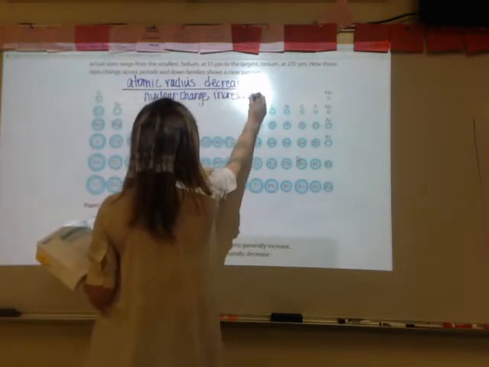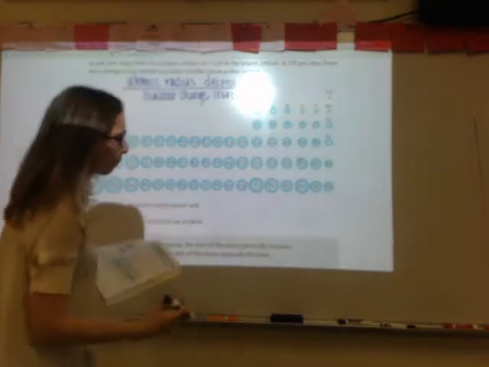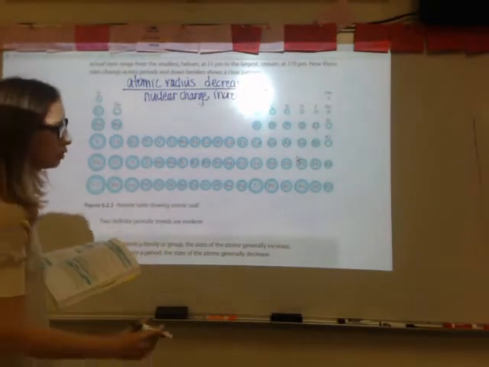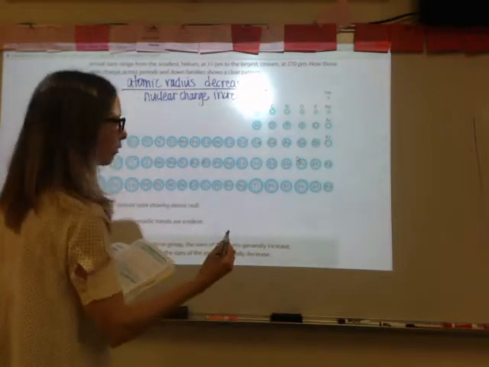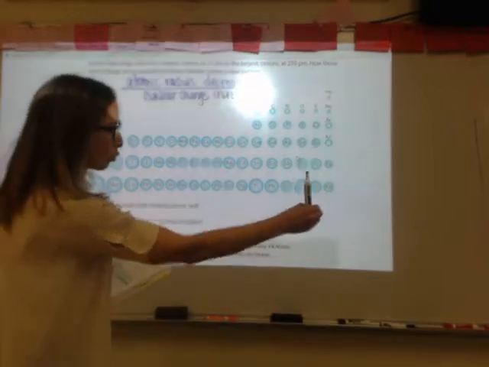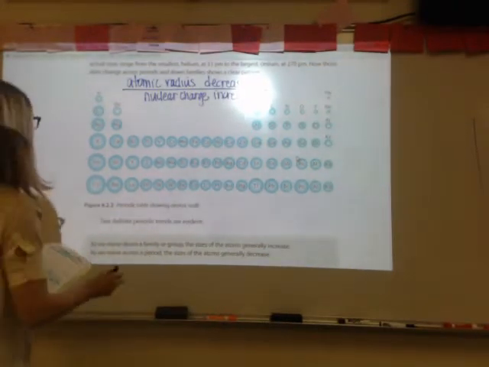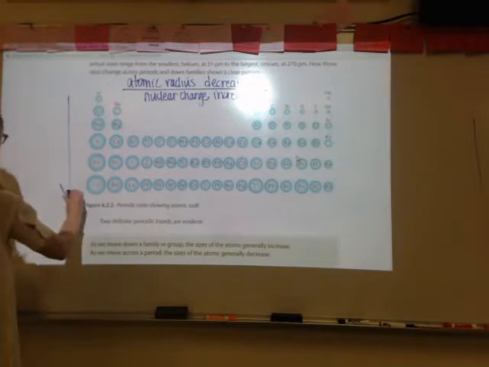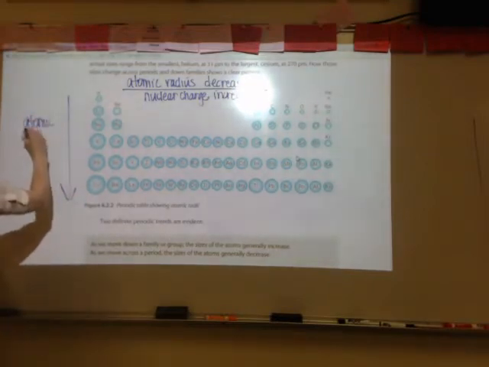I'm increasing in the number of protons as I move from left to right. So since my positive charge in the nucleus is increasing and the electrons are going into the same shell, right? So they're experiencing more and more positive charge, which draws those electrons closer and closer to the nucleus, and that's why my atomic radius decreases. But as I go from top to bottom, my atomic radius increases.